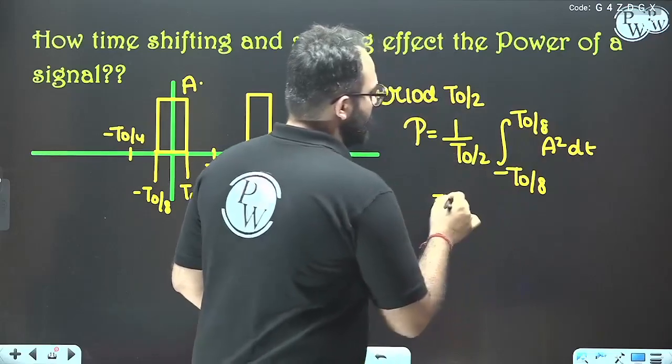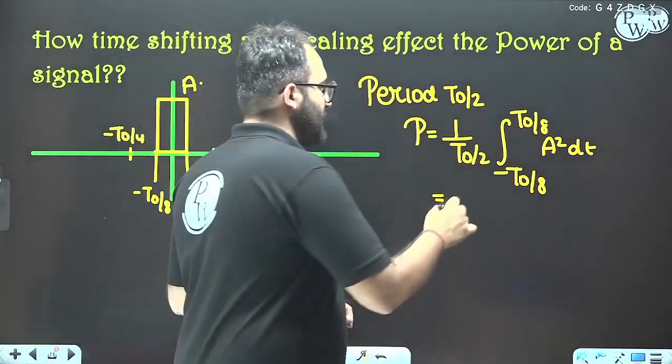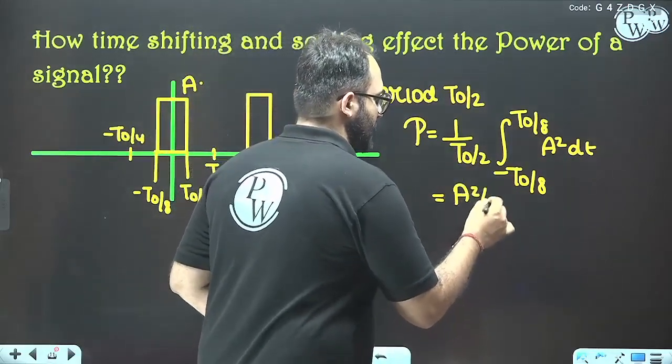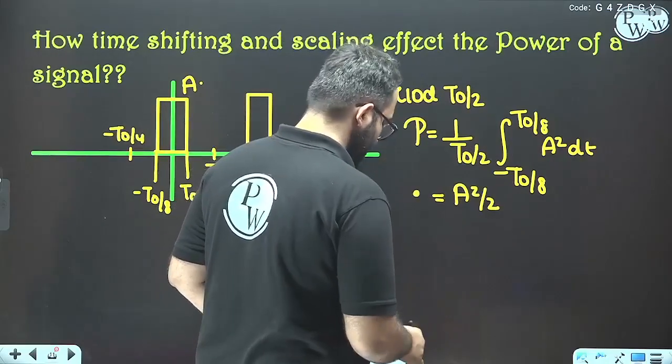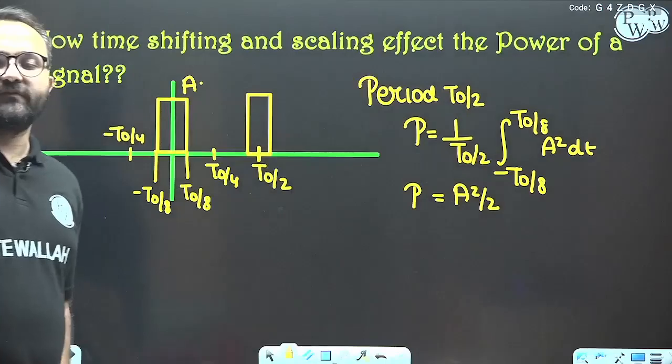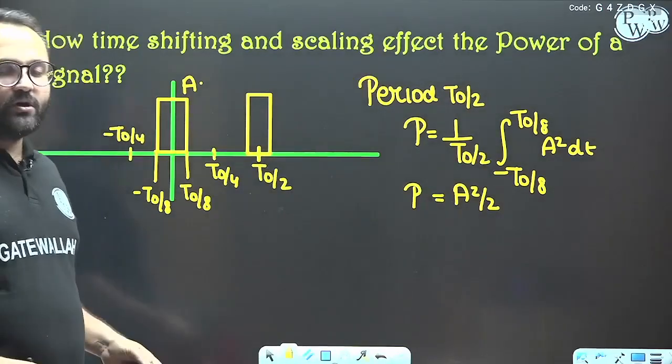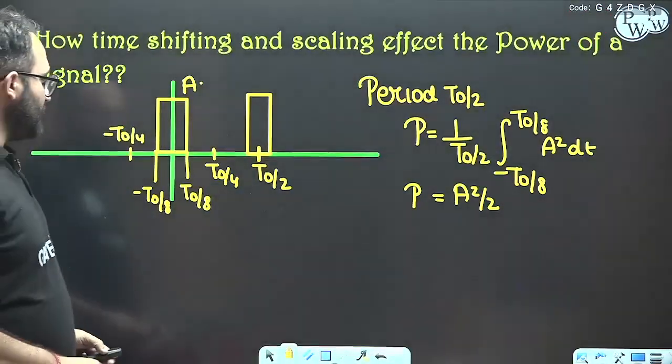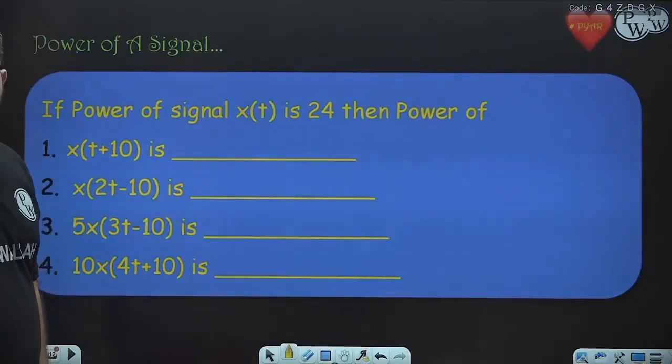If we integrate this, we will get that the power remains the same, A square by 2. So power is not affected by scaling also. Time scaling does not affect the power.